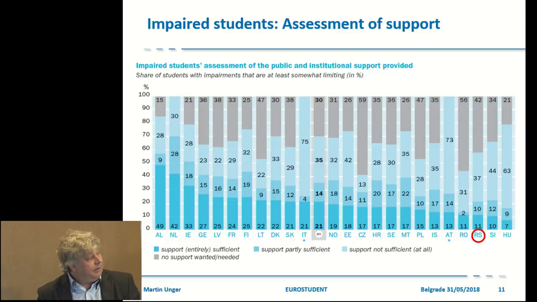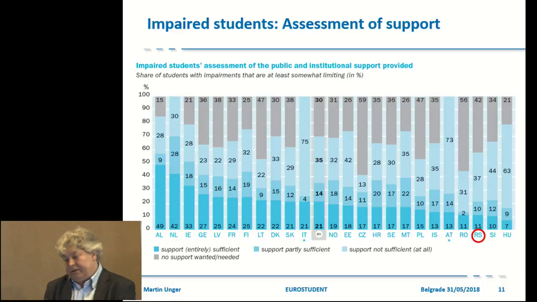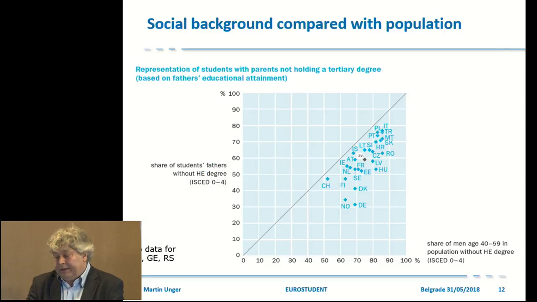And here again, Serbia is to the right: 11% of those with impairment say that the support is sufficient, plus 10% who say it's partly sufficient. That is also a relatively low share of the students. So a small share of students with impairment, and they also report that they seem to lack support. But this is subjective data from the opinion of the students.